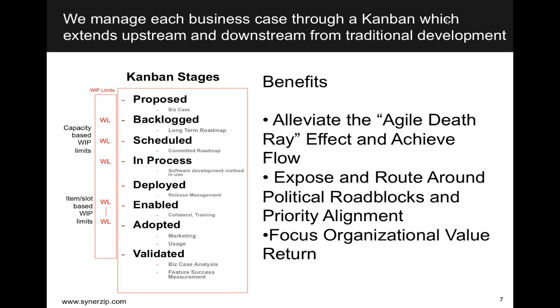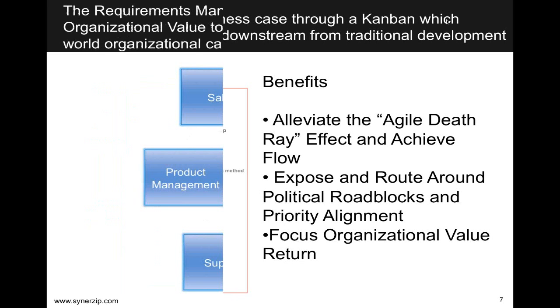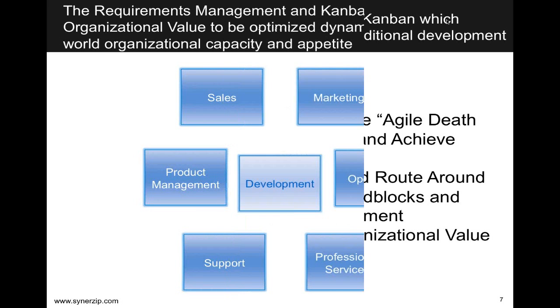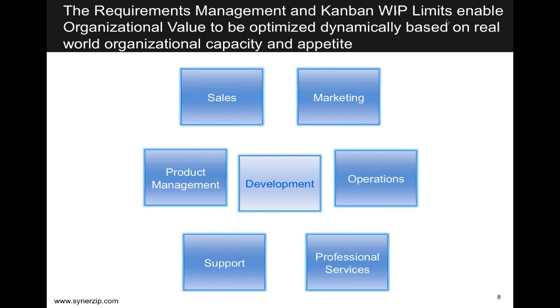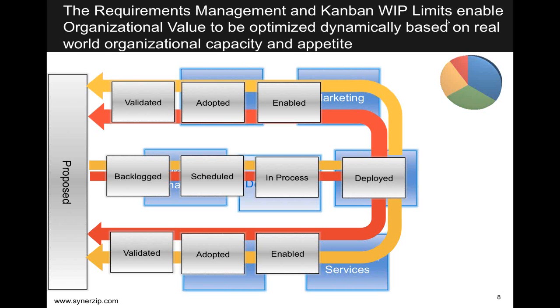So once you have that requirements hierarchy, it's business case driven, and you have a Kanban in place that overlays the flow of information or business value through your organization, then you can start to do dynamic allocation to maximize the organizational value that you deliver.